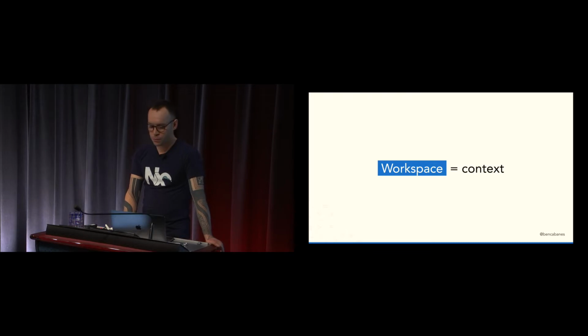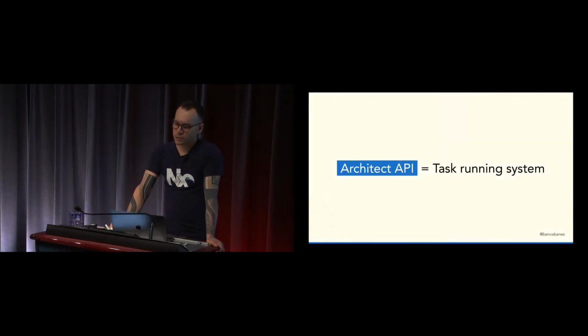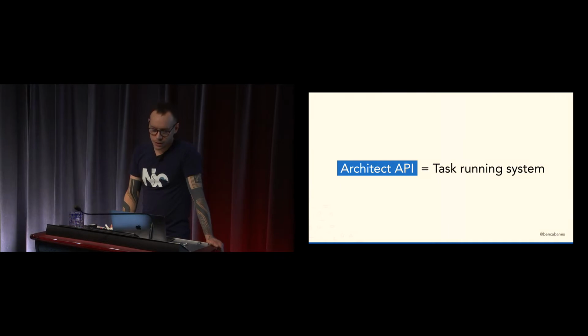Once you have the information about your task to run, you need to be able to actually run the task. The Angular CLI has a task running system called the Architect API. It resolves your project information, available tasks, their options, and configuration from the angular.json file.